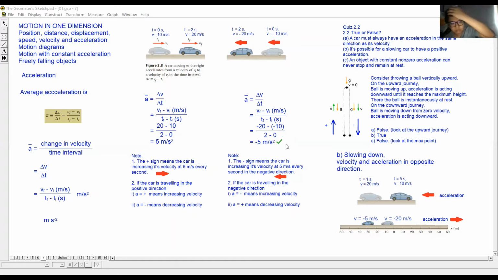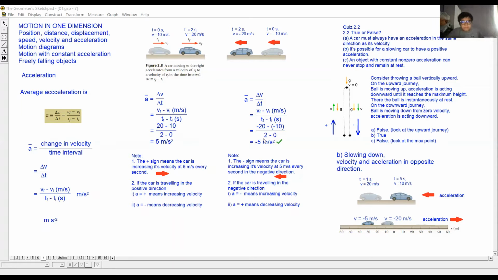So you have to be very careful. If it is moving in the positive direction, from left to right, and it has a positive acceleration, it means that the velocity is increasing. If it has a negative acceleration, it means that the velocity is decreasing.